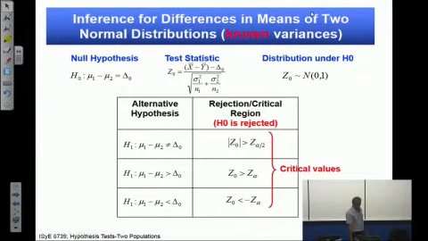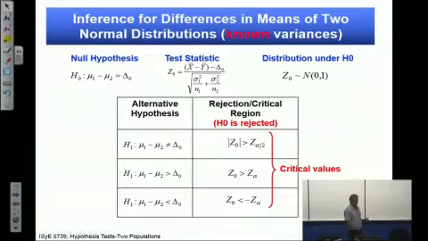And we know that x bar minus y bar follows a normal distribution, and we can define this z0 test statistic. And again, everything else is as usual. If the absolute value is greater than z alpha over 2 for the two-sided, then we reject h null. For one-sided, these are the critical regions, as you can see.